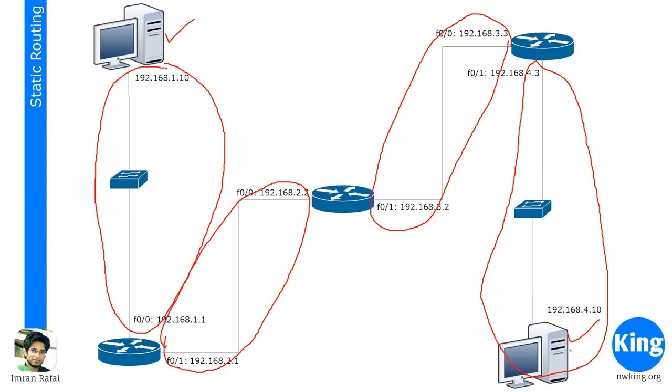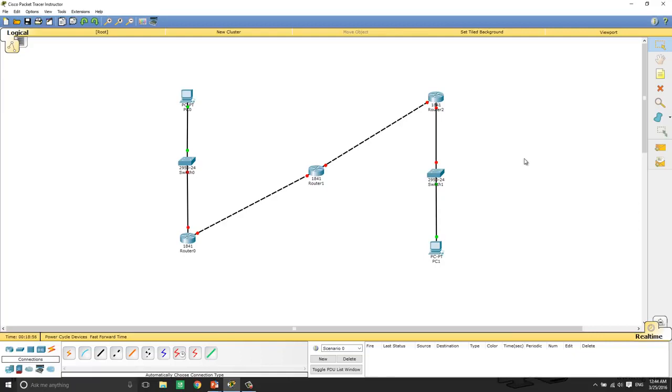That's how we learned. Now, we did not discuss how the routing table is generated, right? So let's put this in Packet Tracer, and then we'll see how we develop this whole routing concept.